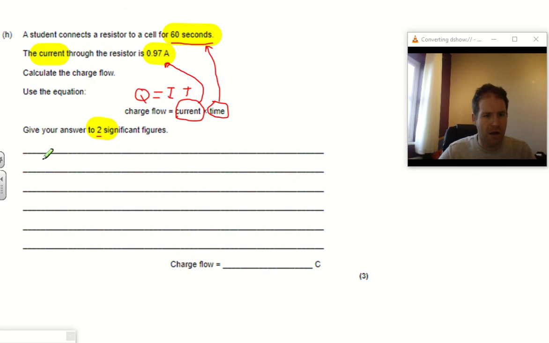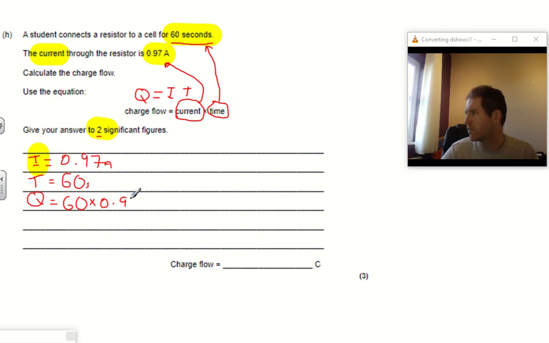So what we need to do is write I equals 0.97 amps. Okay, T equals 60 seconds. Q equals 60 times 0.97, which equals, okay, 58.2.